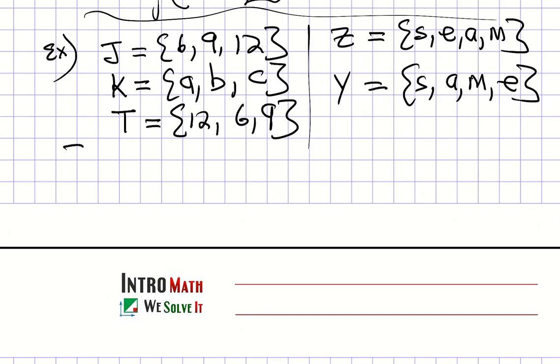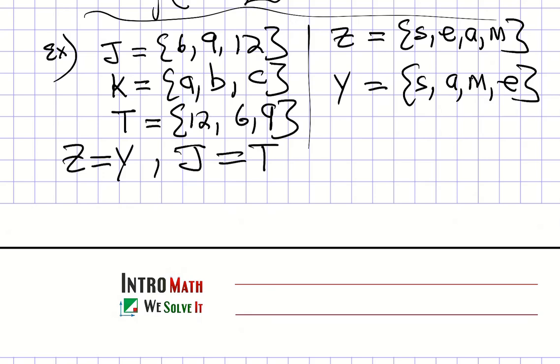Notice that Z is equal to Y. Why? Because they contain the same number of elements, and the same elements, they just jumbled around. Somebody jumbled them around, right? And then notice that J is also equal to T, because they contain the same number of elements, but it's all mixed up.